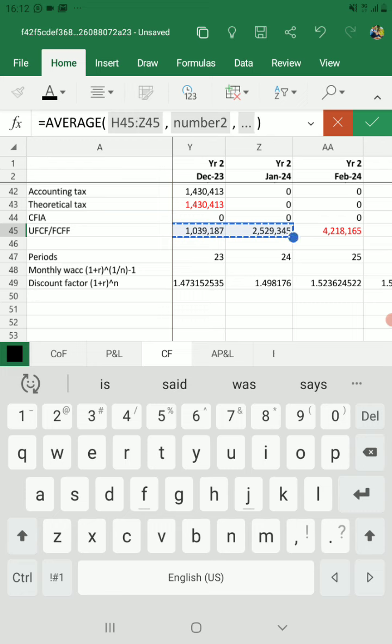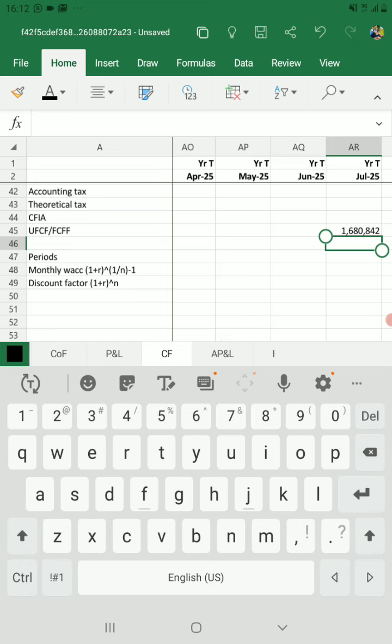Let us end up here and press enter. So this is our average figure that we are going to use for the purpose of computing terminal value.